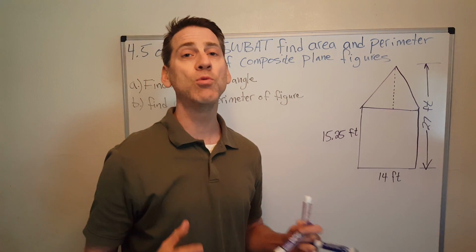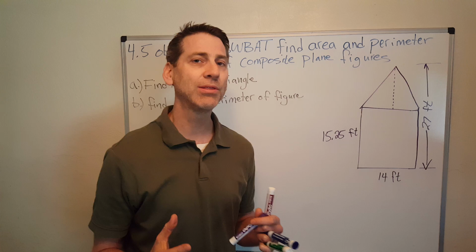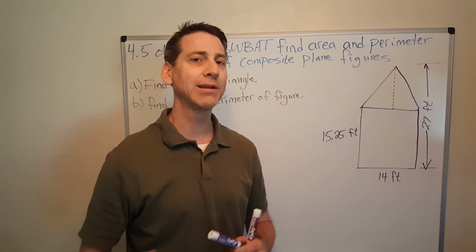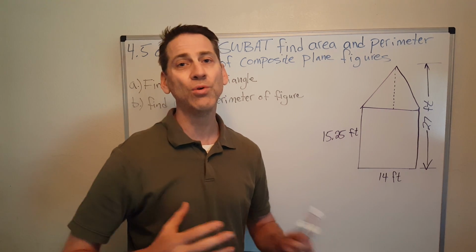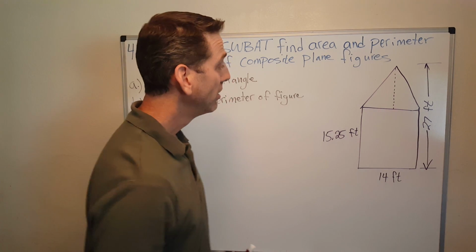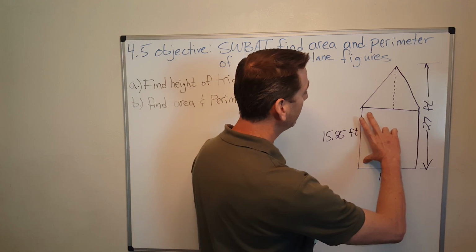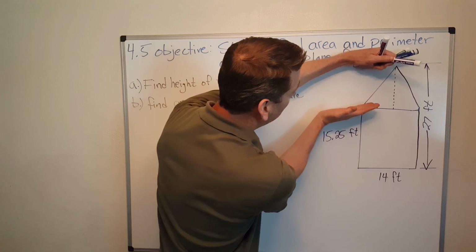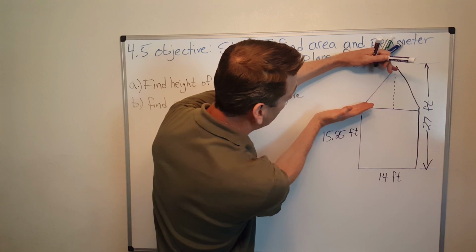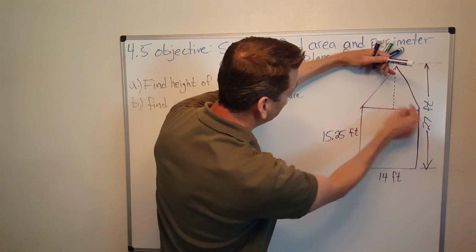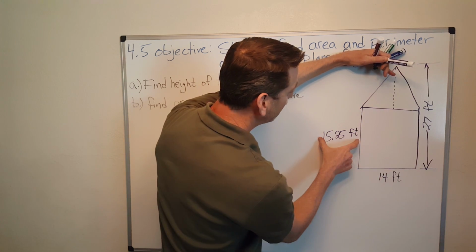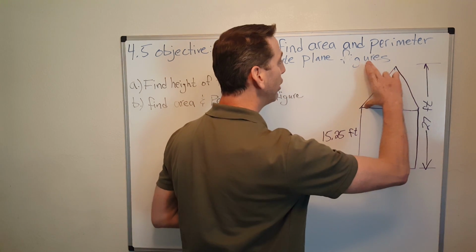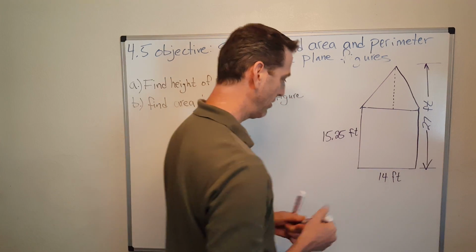Anytime you want to find the height or length of something, all you have to do is subtract two of the known lengths. For example, you know this is 15 1/4 and you know this is 27. To find the height of the triangle, you subtract 27 minus 15.25, because 15.25 plus that will give you 27.